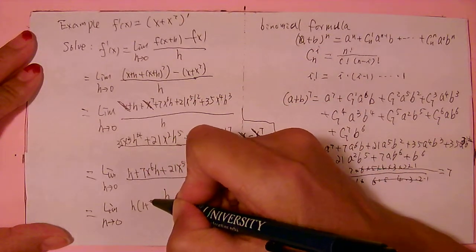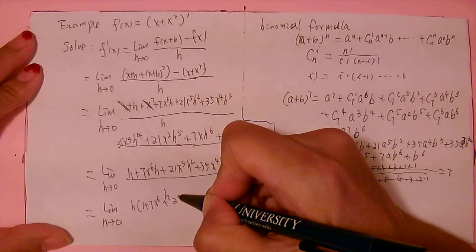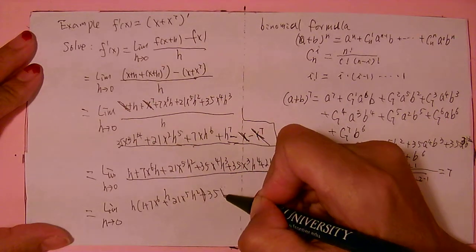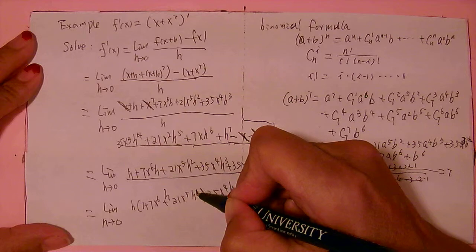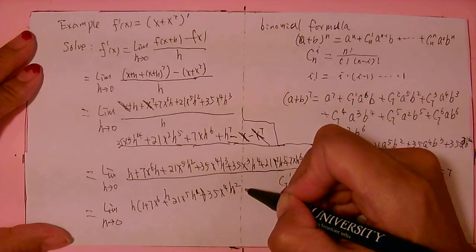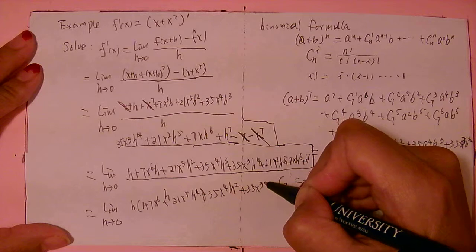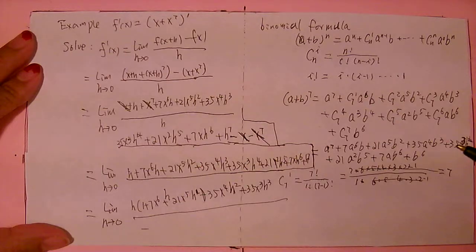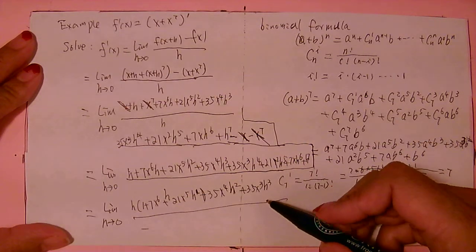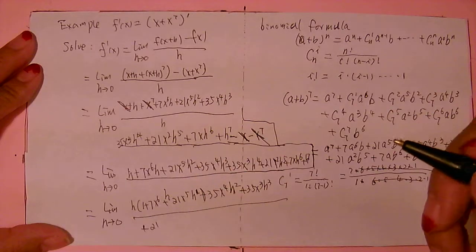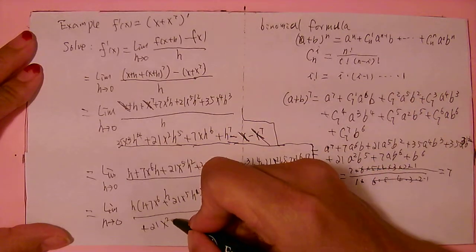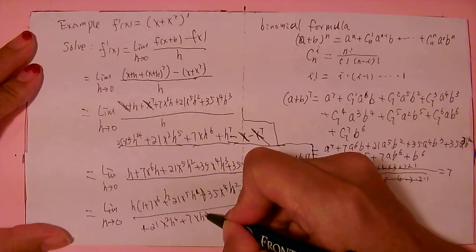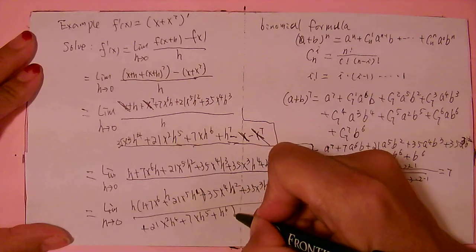That becomes 1 plus 7x^6 plus 21x^5 h, plus 35x^4 h^2, first power of h because we factored one out, plus 35x^3 h^3, plus 21x^2 h^4, plus 7x h^5 plus h^6.